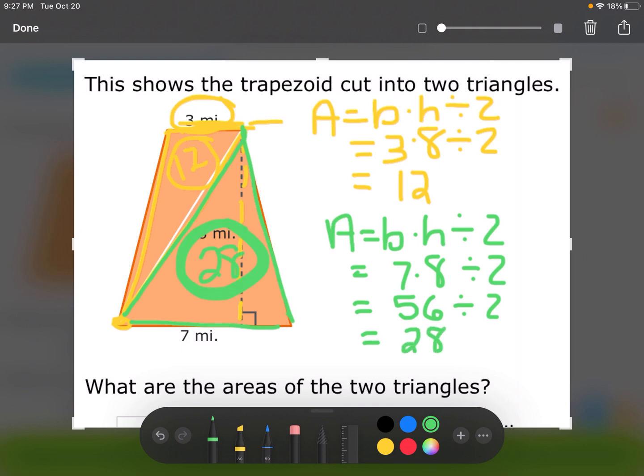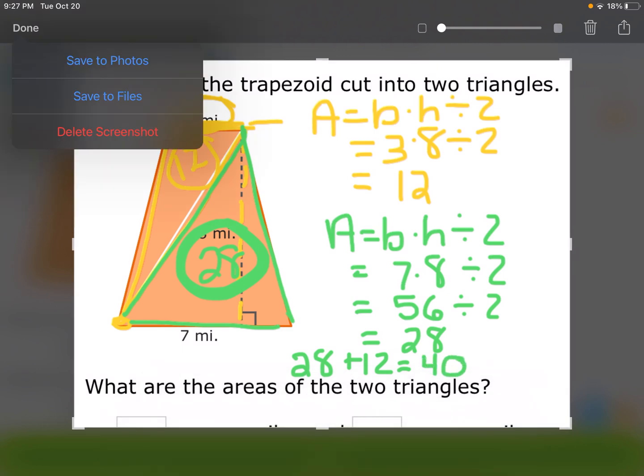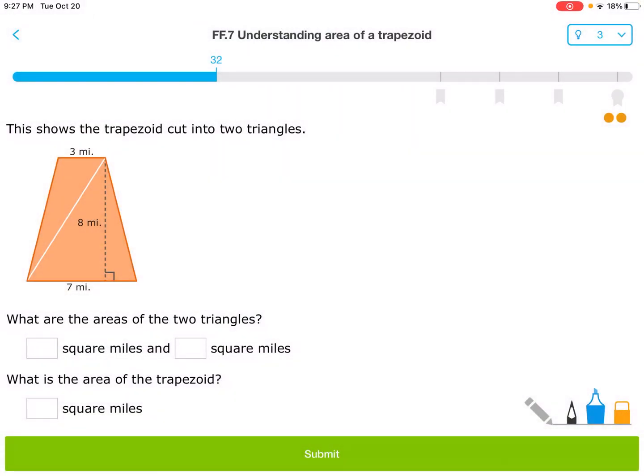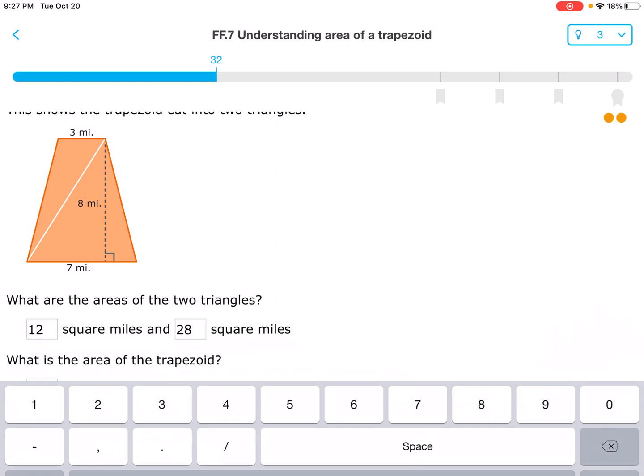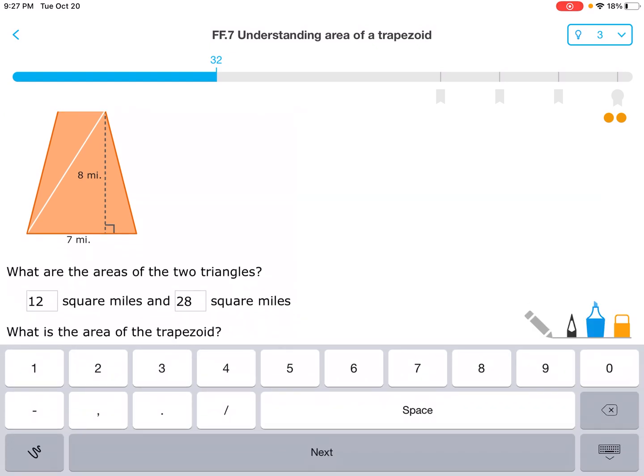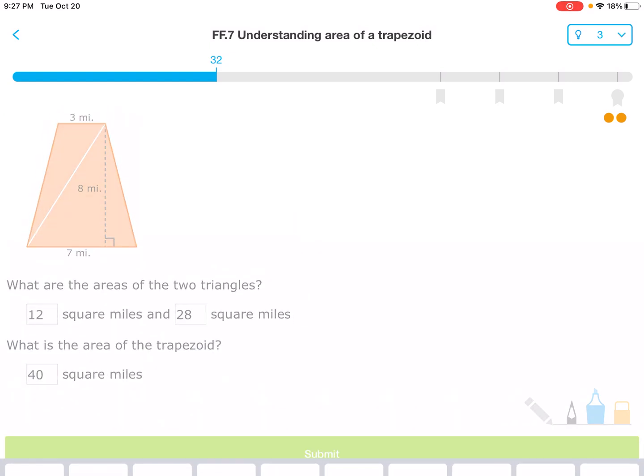So now to find the total area, I would add 28 plus 12, which gets me 40. So if I go back and input my answers, 12, 28, and a total of 40 square miles.